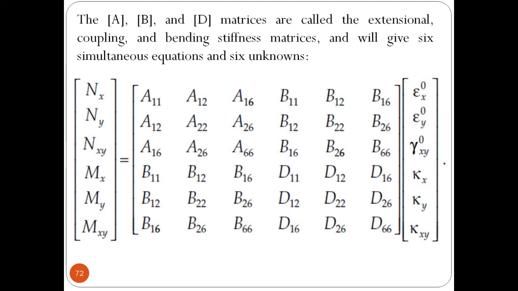Once again, I am emphasizing the A, B, B, D matrix. A is called the extensional matrix, which is responsible for taking up the load for the known values of stresses, B is the coupling matrix, and D is the matrix responsible for the bending stiffnesses or the flexural properties of a laminate.